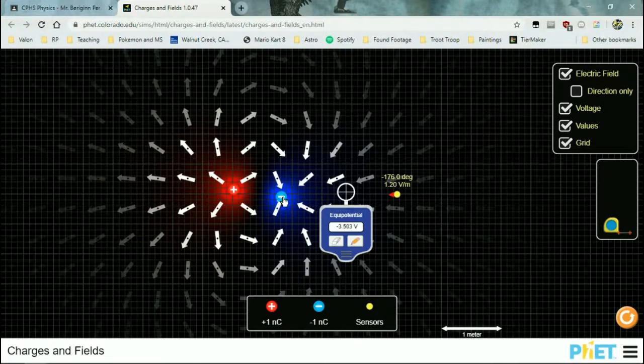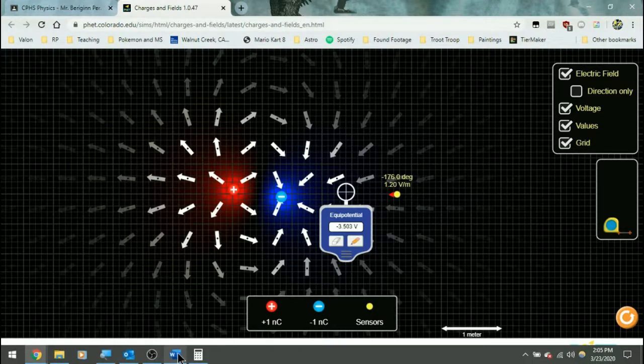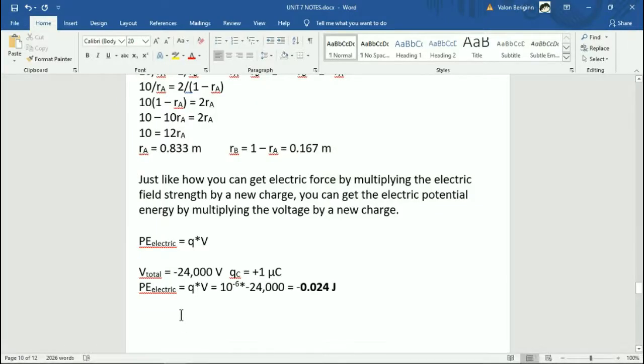Now, once you have a total voltage, to get the energy, the positive and negative doesn't really matter. So no matter what I get for the voltage, positive or negative, that's fine. But whatever I get for the energy, whether it's positive or negative, you should just say it's positive, right? Which doesn't really make sense, but that's because negative energy doesn't make any sense. For example, what if my charge was negative and the voltage was positive?